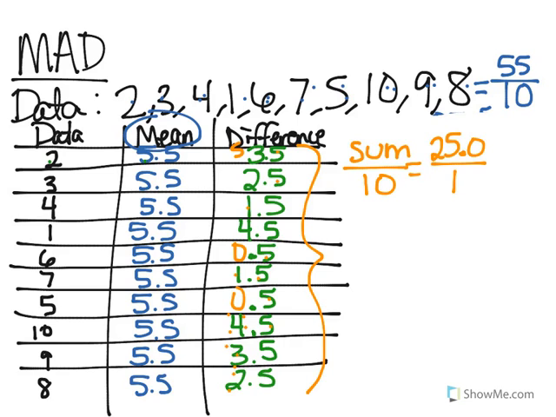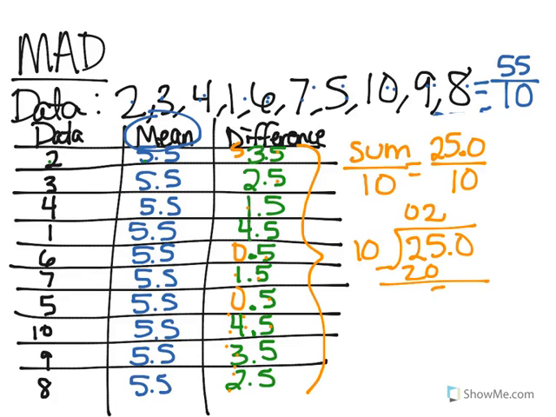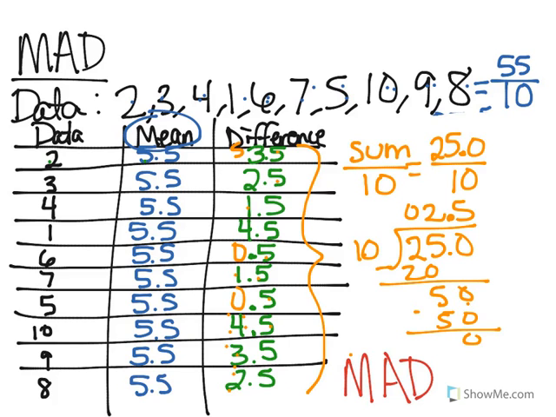And I'm going to divide it by 10. So 10 goes into 25 2 times. 10 goes into 50 5 times. So my MAD in this problem is 2.5.